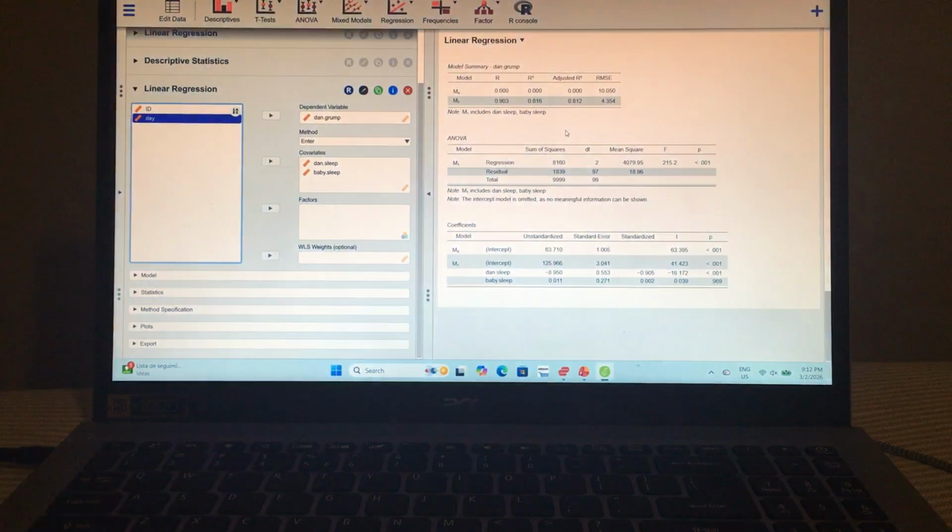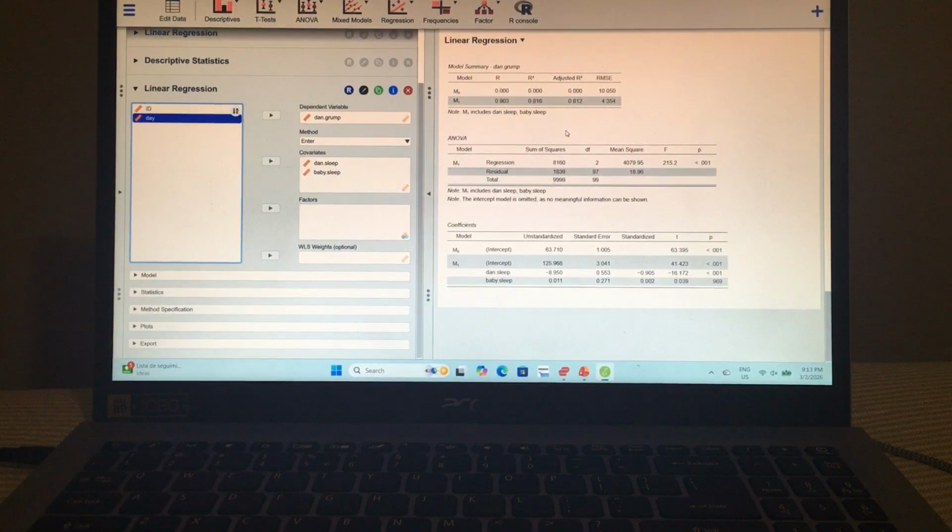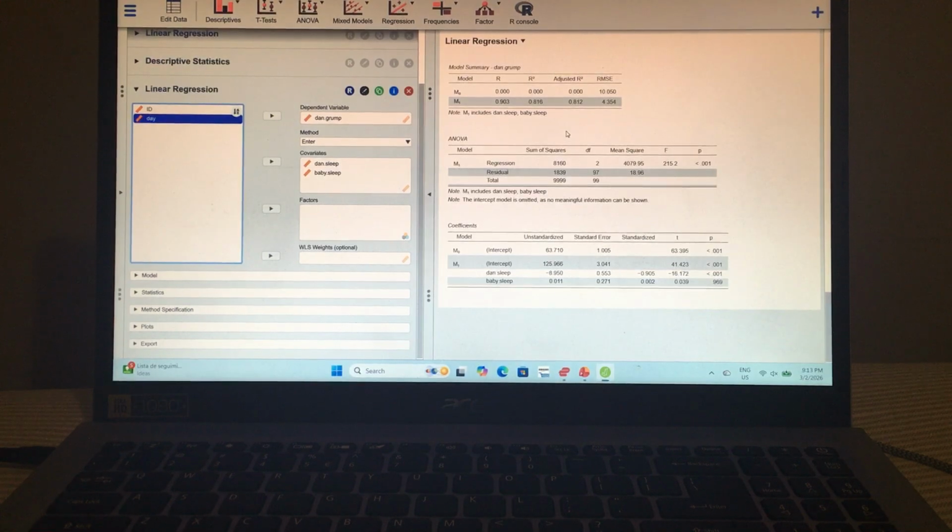So we have our y-intercept and our slopes that are associated with our model, and they can be found in the column labeled unstandardized. So that's like the third column, unstandardized, okay? So our y-intercept is 125.97, all right?